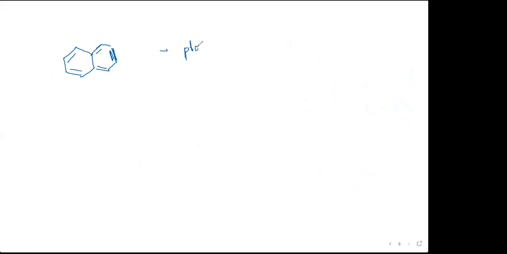Planarity, yes or no? Yes, planar. Next, check how many pi electrons are there. Are the number of pi electrons satisfying 4n plus 2? Yes, ma'am. n is equal to 2. So when n equals 2, 4 into 2, 8 plus 2, 10. So you've got 1, 2, 3, 4, 5, 6, 7, 8, 9, 10 pi electrons. So that's how you can conclude, yes, naphthalene also is aromatic.